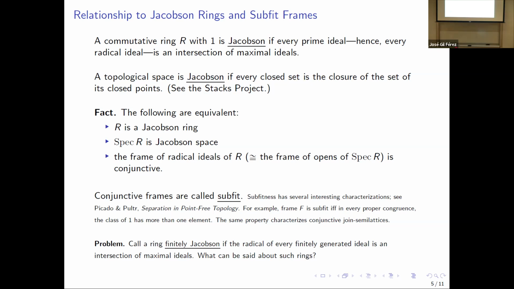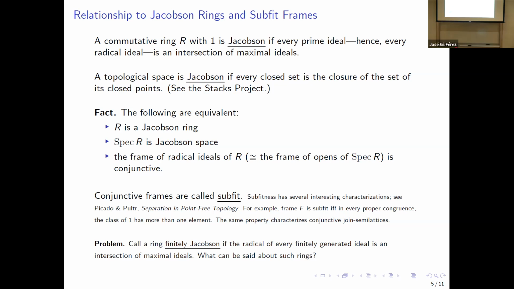A frame is subfit if in every proper frame congruence, the congruence class of 1 is not a singleton. The same characterization also applies to conjunctive frame semilattices.